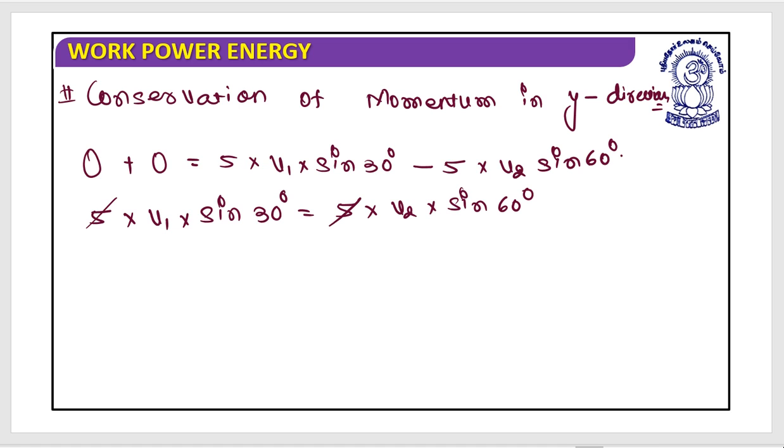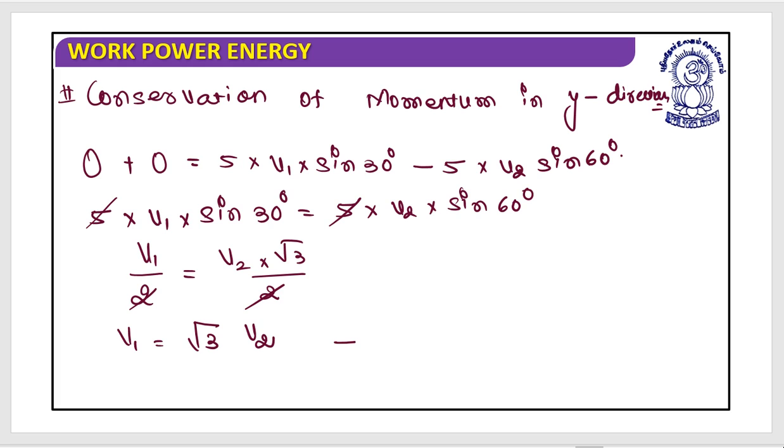So the 5 cancels, sine 30 is 1 by 2, so v1 by 2 should be equal to v2 into sine 60, which is root 3 by 2. The 2 cancels. So v1 should be equal to root 3 v2. This is my second equation.